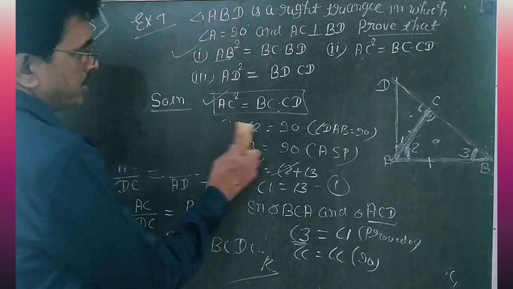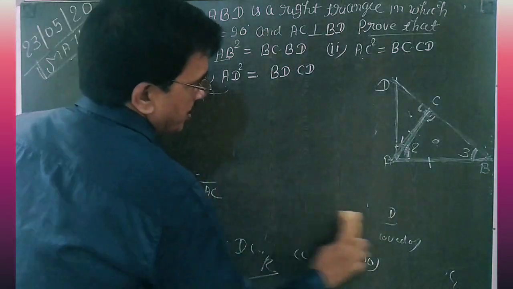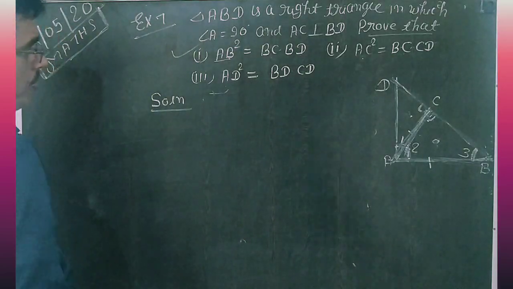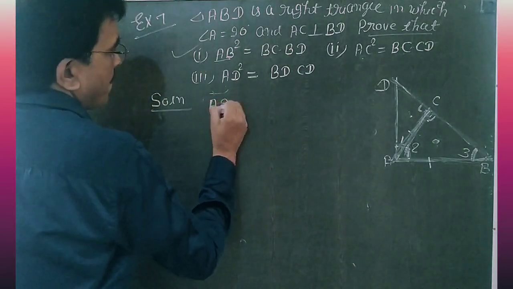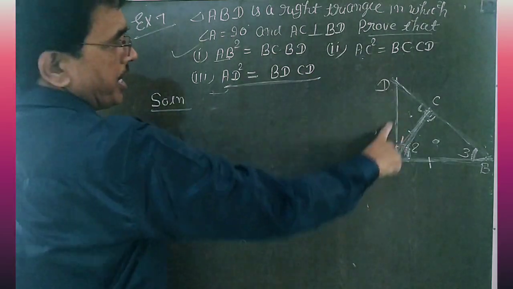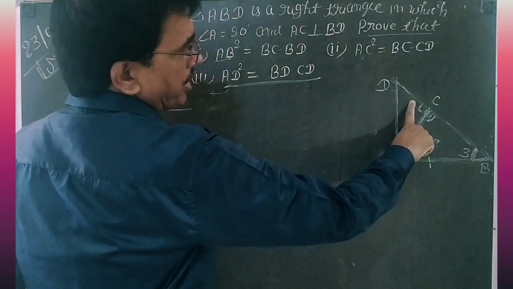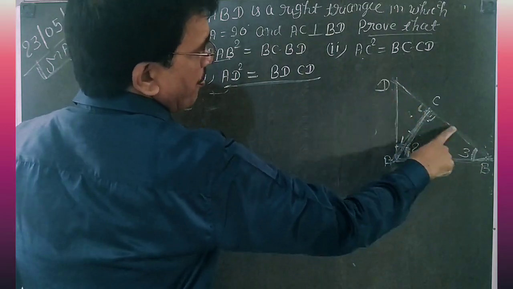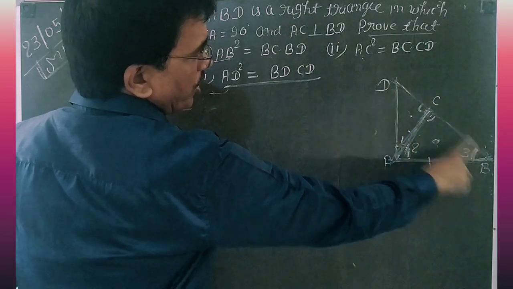And the last question is AD square is equal to BD into CD. Here is AD square, BD, CD. AD two times, one is small, one is large. DC, BD means one is small, the other is large.